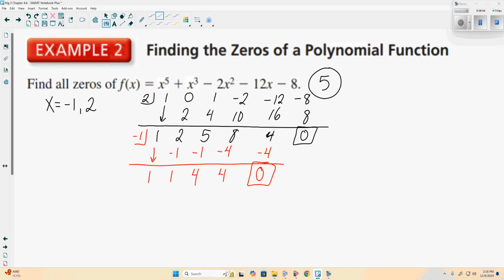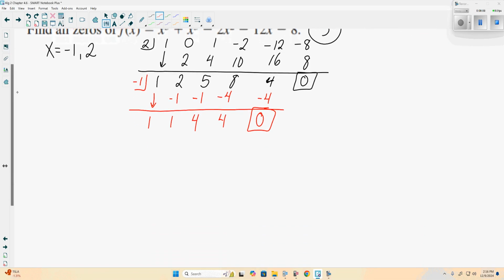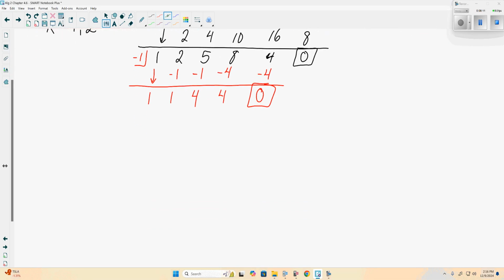Now again, commented on the fact that at -1, it does look like it touches the x-axis but does not cross it.